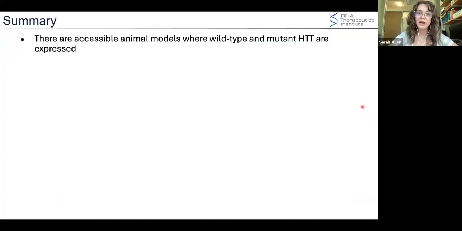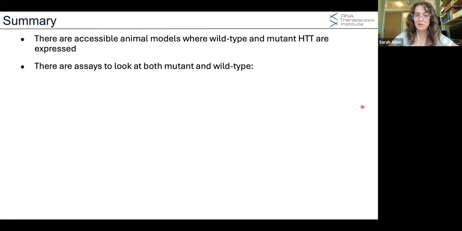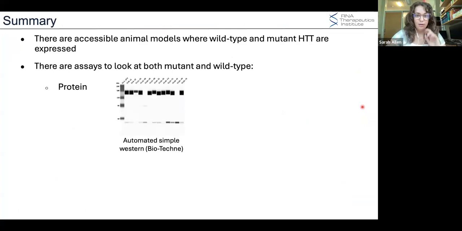So to summarize, we have a number of accessible animal models where the wild-type and mutant Huntingtin are expressed. We also have assays to look at both mutant and wild-type Huntingtin separately due to the differences in sequence. We have protein assays that we measure via the automated Simple Western.